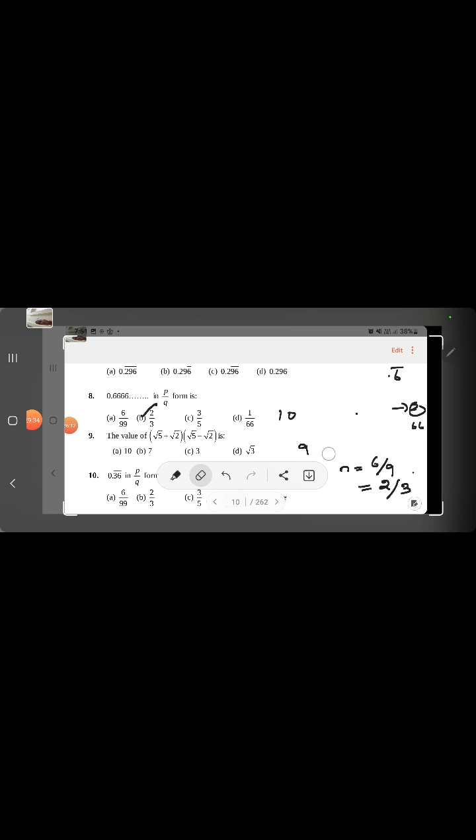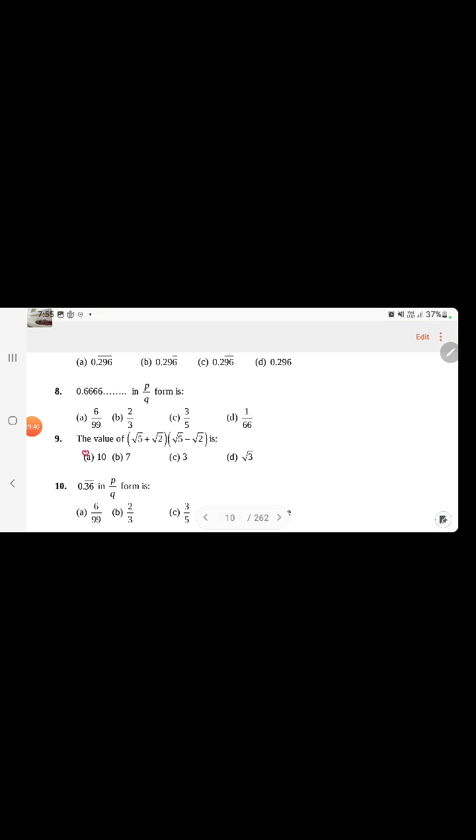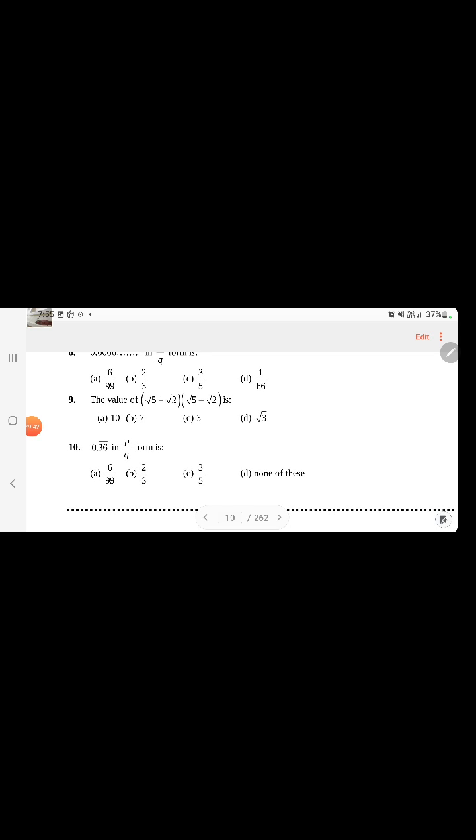Now let's move to the next one, the 9th question. The value of (root 5 plus root 2) into (root 5 minus root 2) is. Okay, so the given expression is of the form (a plus b) into (a minus b).